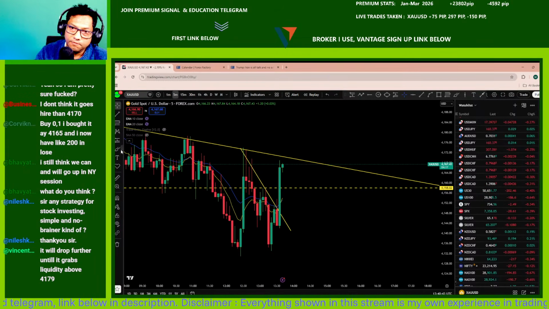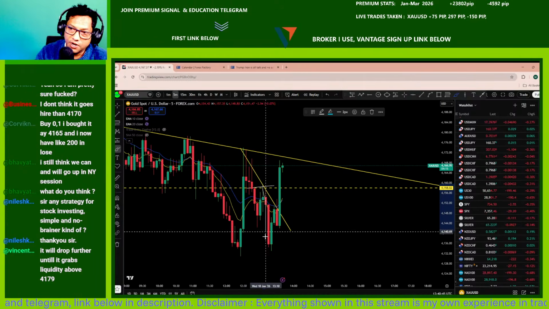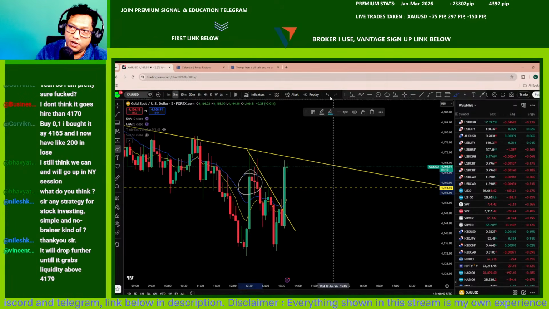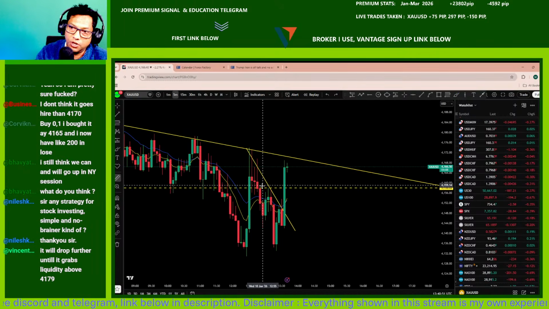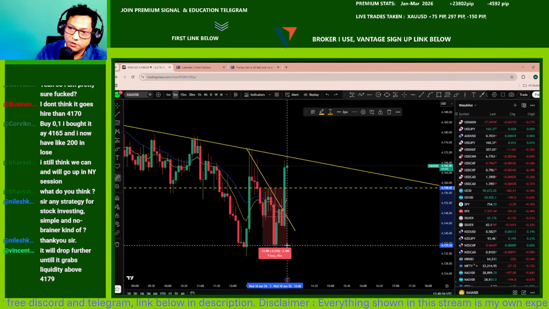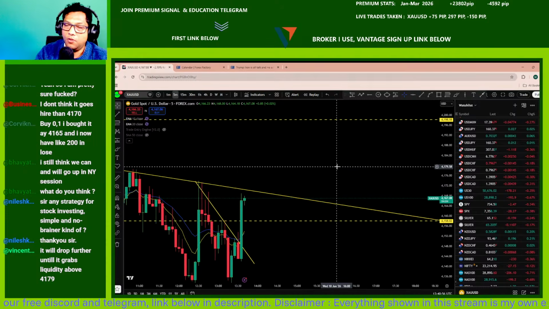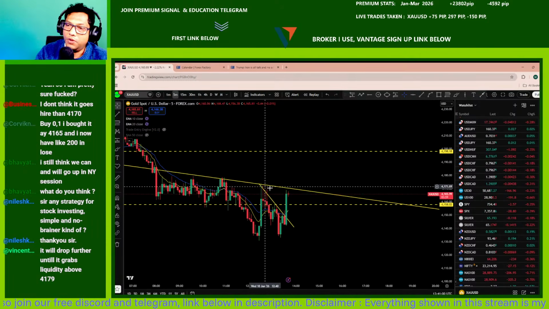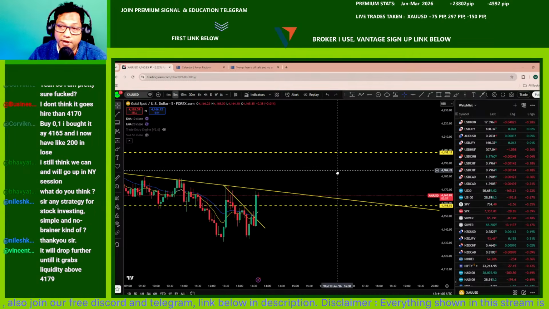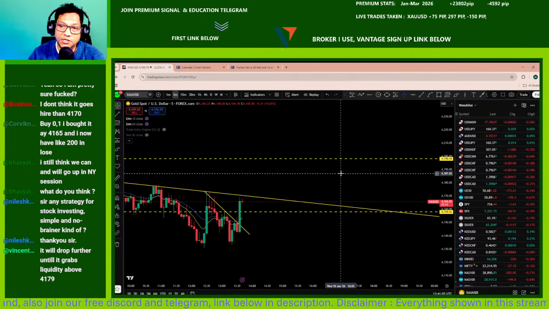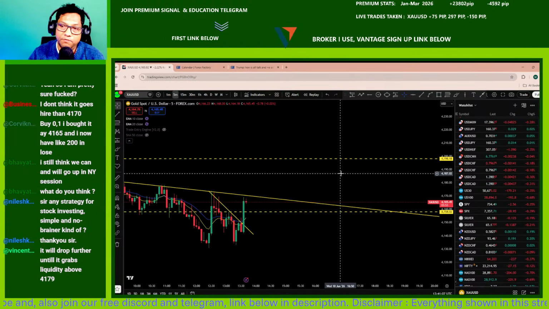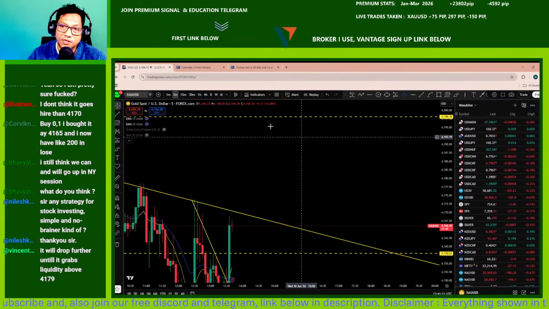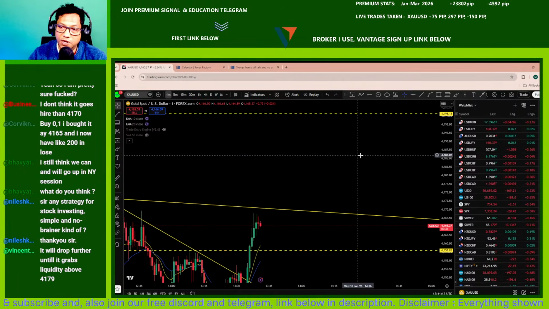Here was an entry, but because there is a stronger breakout, it's always a good idea to wait for further confirmation. Now, breaking out of this trend line is where a high probability trade setup comes into play. That's what we want to see, the market giving us further confirmation here.